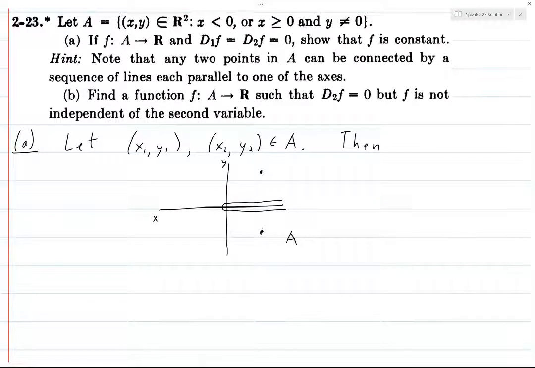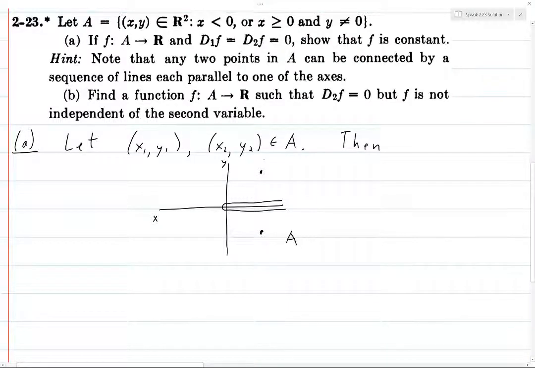Because if you have a horizontal line, then the only value that's changing is the x input, and d1 of f is 0, so the function does not change when you plug in different x values for a particular fixed y. This goes back to the exercises: if d1 of f is 0, then f is independent of the first variable, and if d2 of f is 0, then f is independent of the second variable.